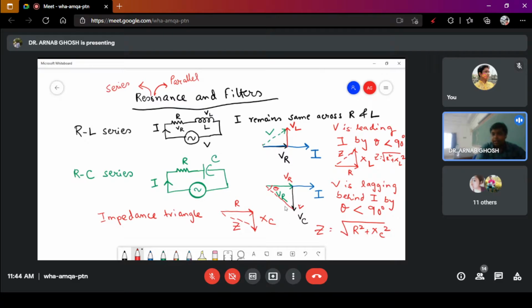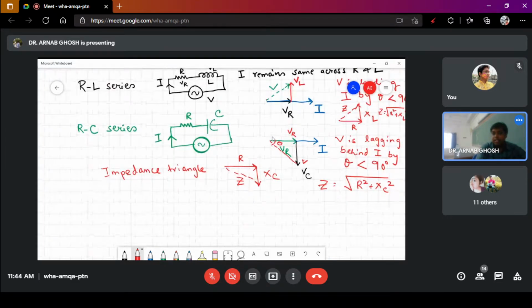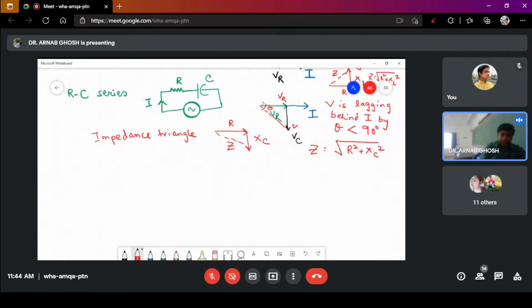So let's first draw the circuit. For a series connection, there will be a single configuration only, where R, L and C are all in the same branch, placed one after the other. This is your RLC series configuration.